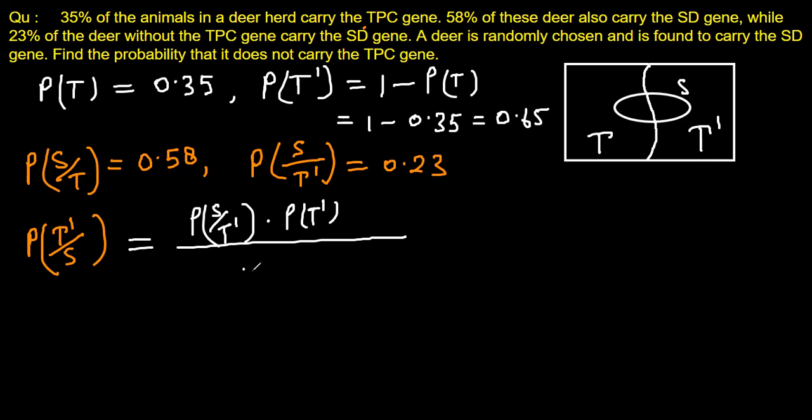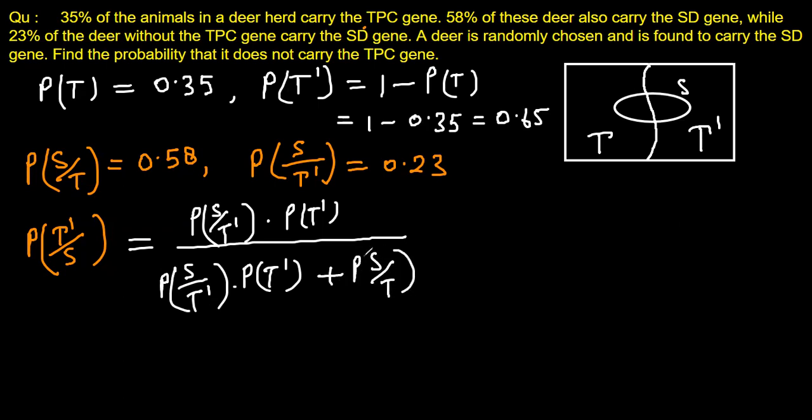In fact, the denominator should be P(S), and P(S) can be written in two ways: P of S over T complement times P of T complement, plus P of S over T multiplied with P(T).